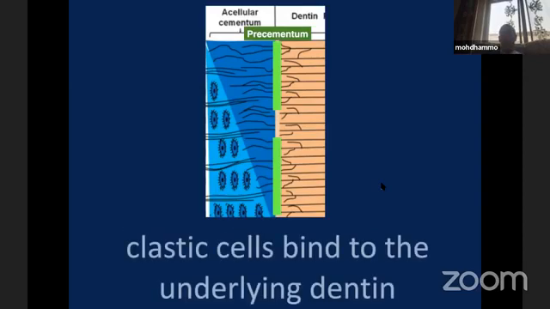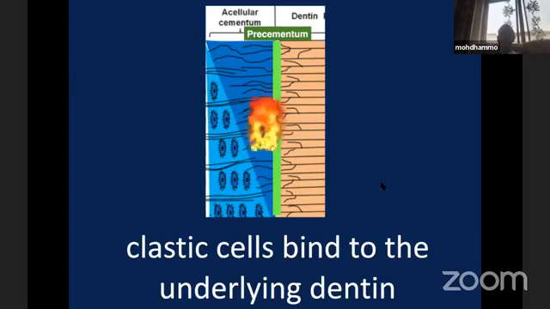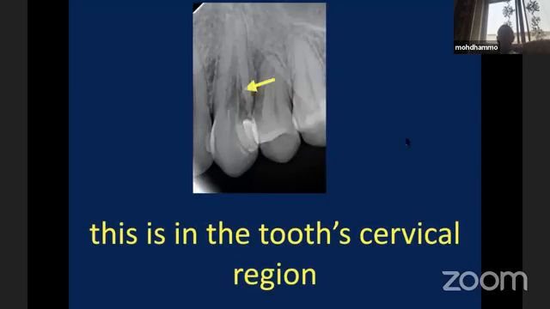Then the clastic cells, osteoclasts, odontoclasts, will bind to the underlying dentine, and then those osteoclasts will enter the dentine and cause the resorption. And because the resorption occurs at the cervical margin here, we call it cervical resorption.